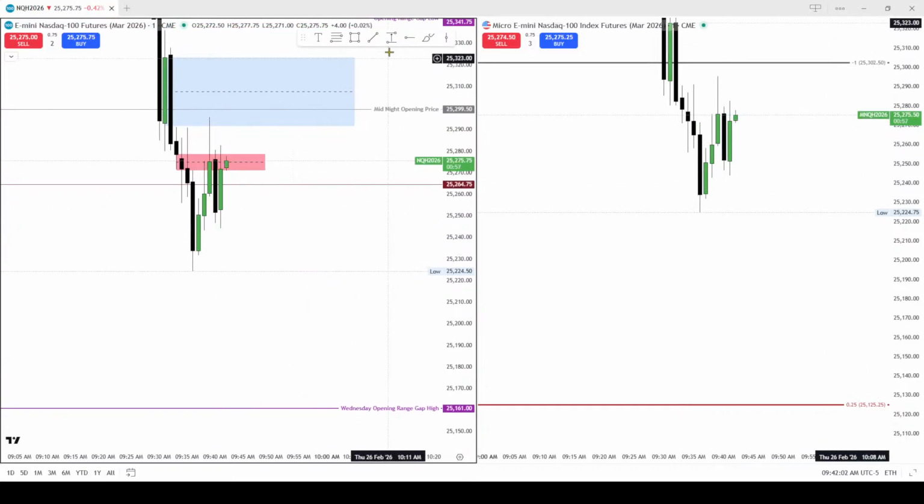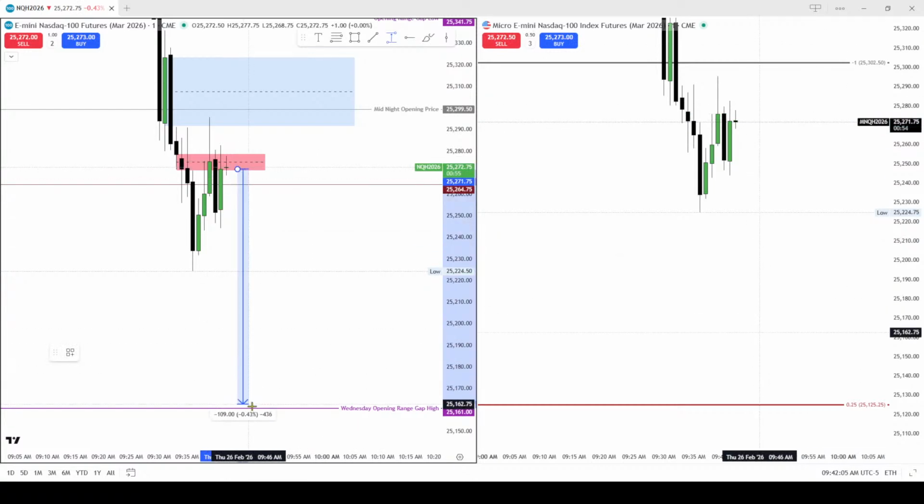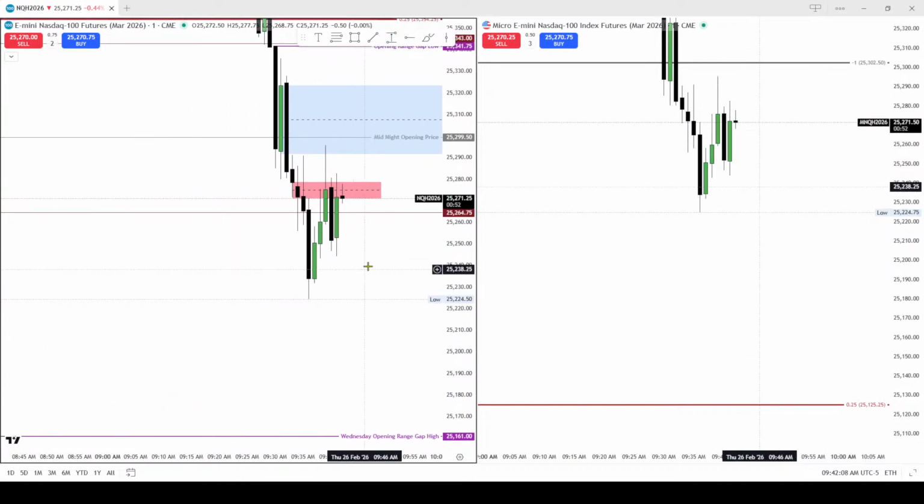And again, the drawn liquidity is yesterday's opening range gap that was left open or left unfilled.